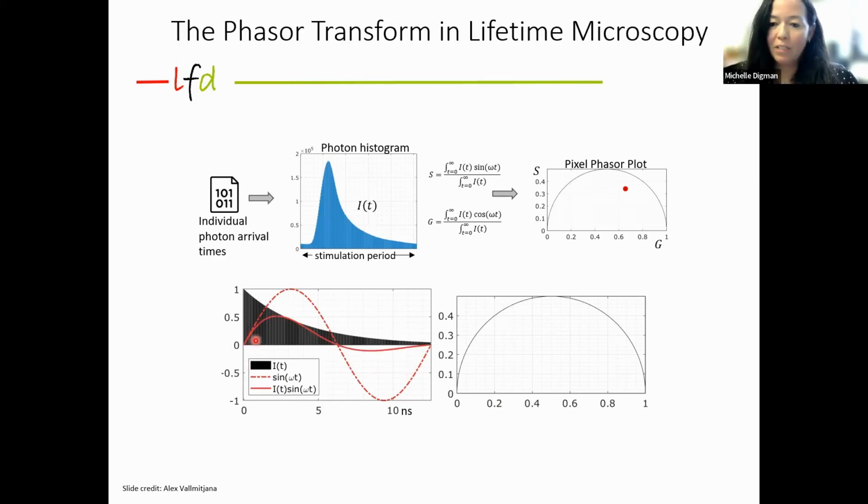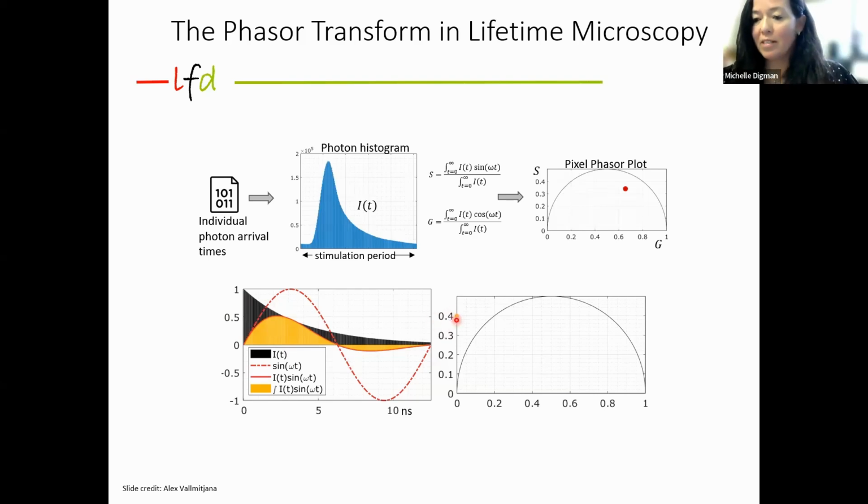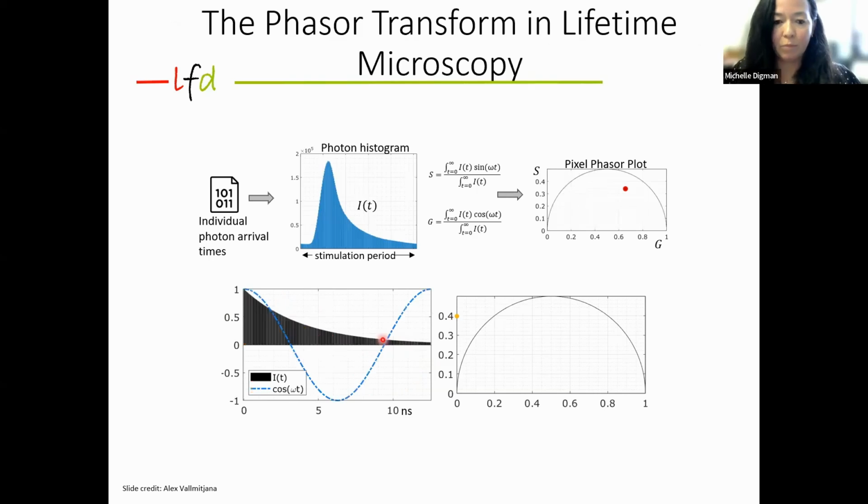And essentially what we do is we integrate the sine of the intensity from underneath the intensity raw data of our curve, and we multiply that, so we get some sort of value here of the sine. And you see this is the S coordinate 0.4. And then this number is done by dividing over the area of the black curve behind this. So you have the S coordinate in the phasor plot.